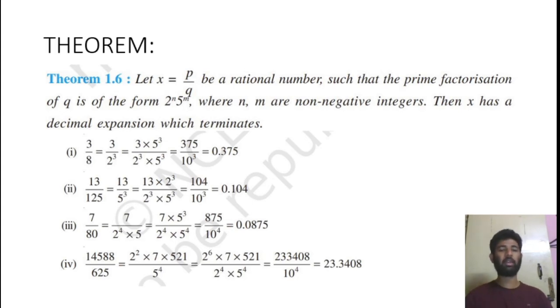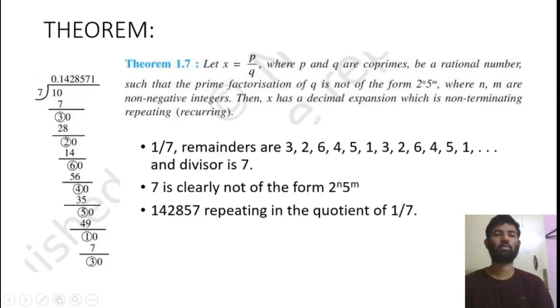If you see, 3 by 8 can be written as 375 by 10 power 3, which if you calculate further gives us a terminating decimal. Again, the second option, 13 by 125, can be written as 13 into 2 cube by 2 cube into 5 cube, which is the given format in the theorem. If you see the other examples also, the same thing has been followed.